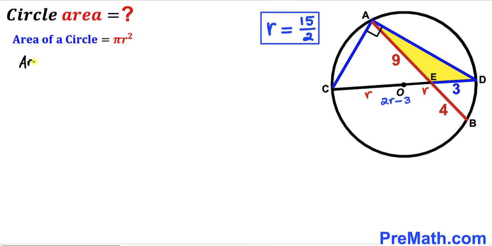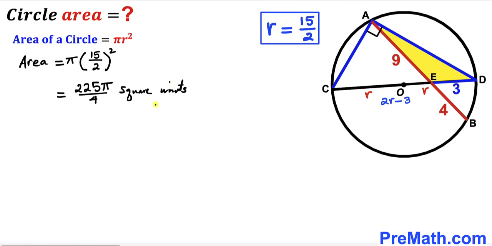So the area of this circle is going to be pi times our radius, 15 divided by 2, whole square. And if we take care of this square, that is going to give us 225 pi divided by 4 square units, the area of the circle.